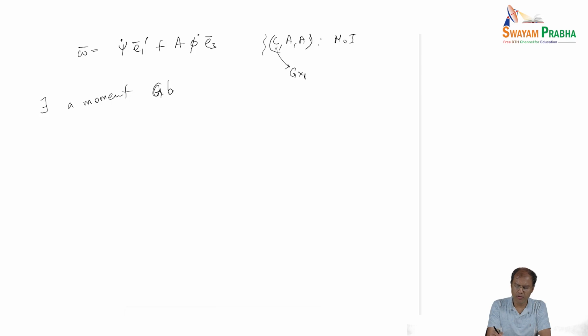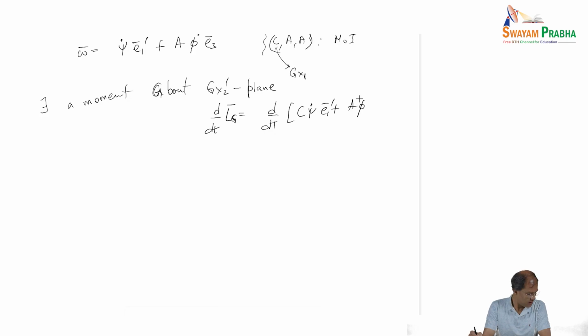So there is a moment about the Gx2 axis, that is d/dt of Lg is d/dt of C psi dot E1 prime plus phi dot E3, and this is equal to K E2 prime.